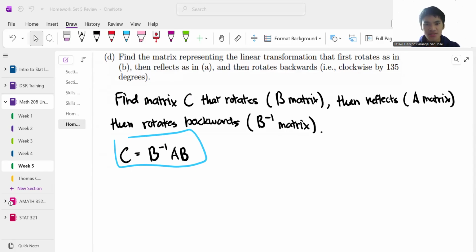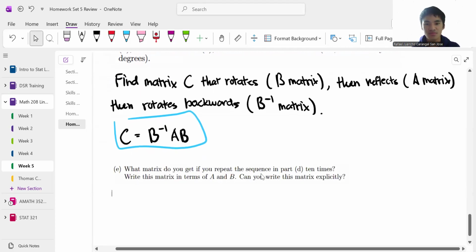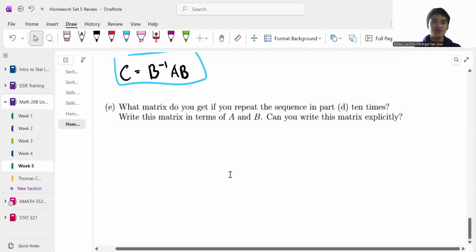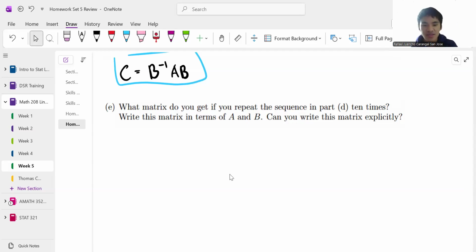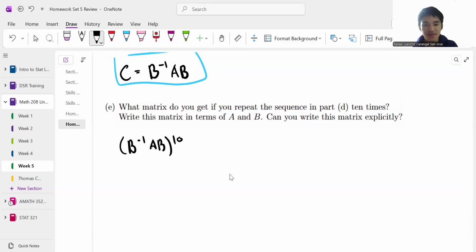So what matrix do you get if you repeat the sequence in part D 10 times? I don't know. We'll see. What happens if we repeat the sequence in part D 10 times? So if we keep doing this, and we want to write it in terms of A and B, we're going to get this thing all to the power of 10, right?